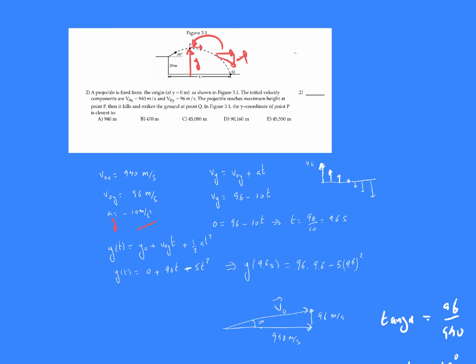I will plug in the numbers from here. y0 is 20 meters, plus v0y t, which is 96t because v0y is going up at 96 meters per second, minus 1/2 times 10, which is 5, minus 5t squared.